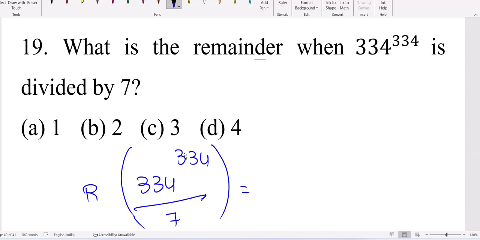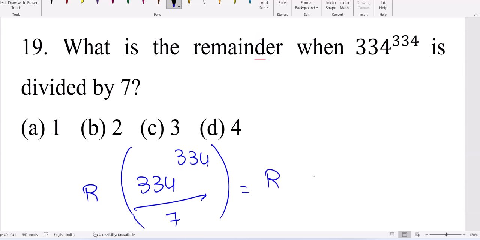Which one is better? The smaller value. At each step, whether it is positive or negative, the small value is preferable. 5 remainder is right, but instead take minus 2, because 5 divided by 7 can also be said to have remainder minus 2. Minus 2 is better for calculation.